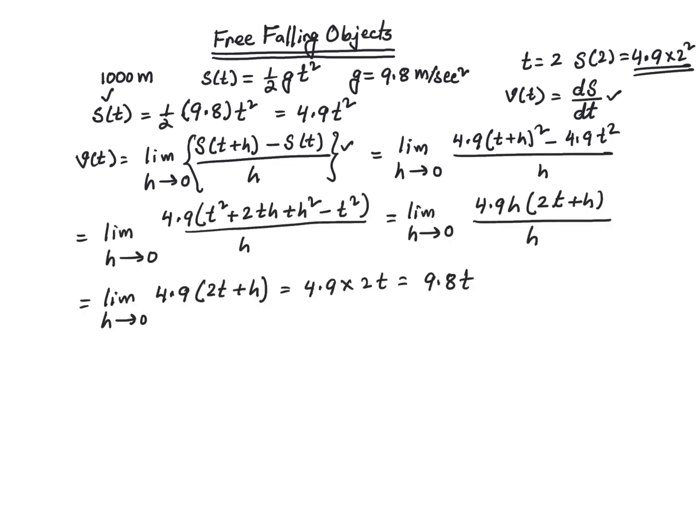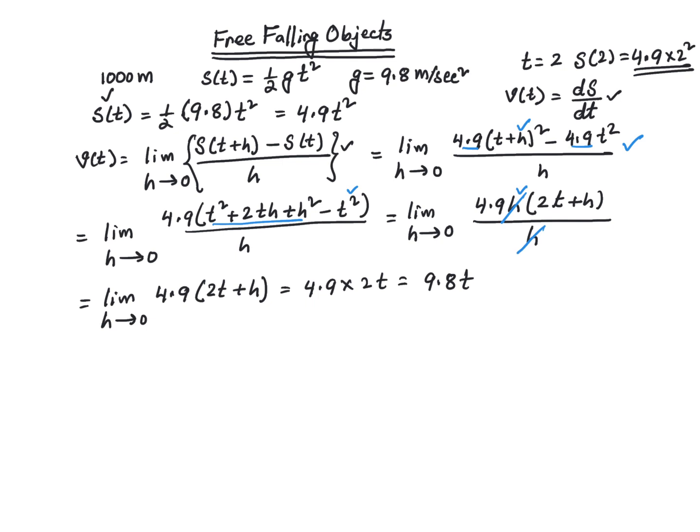If I simplify this, I square the binomial, subtract t squared, and factor out the 4.9. Going further, I can factor out an h. Now this h and the h in the denominator are going to cancel.